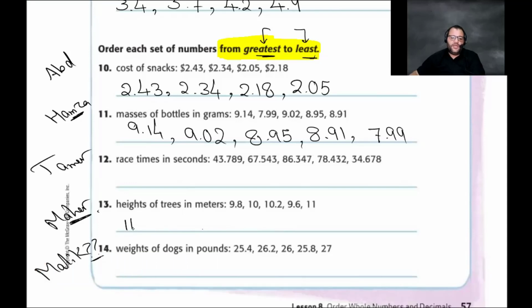At the first will be 11. The next is 10.2. 10.2 is greater than 10. Then 9.8. After that is 9.6.